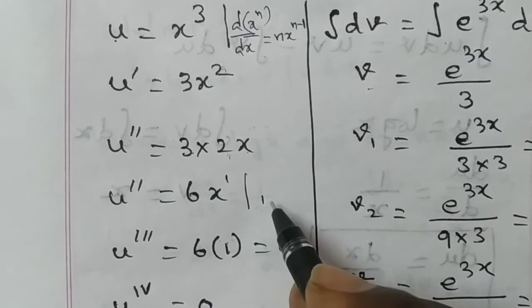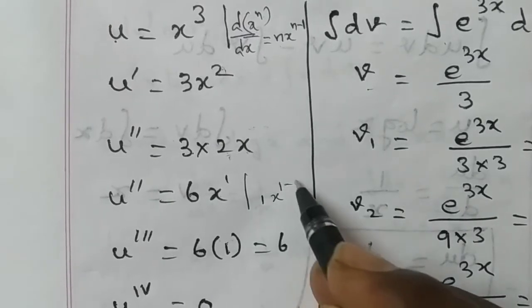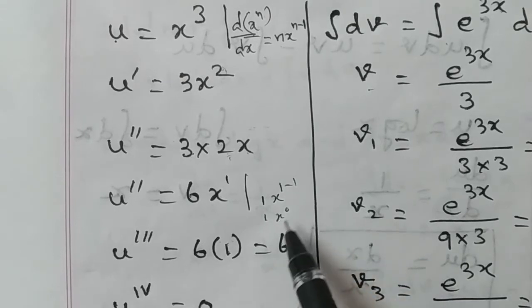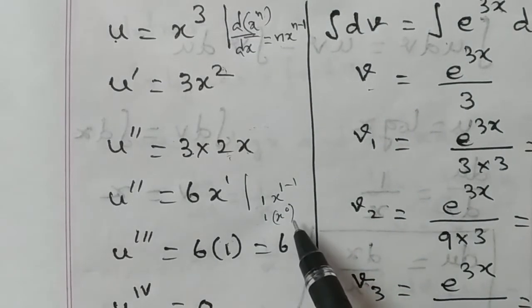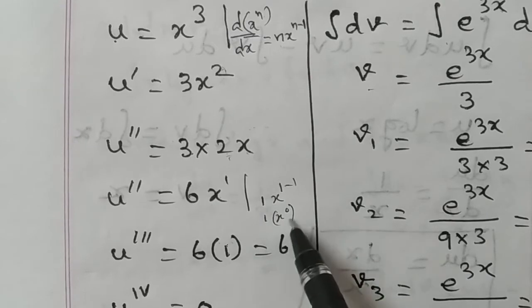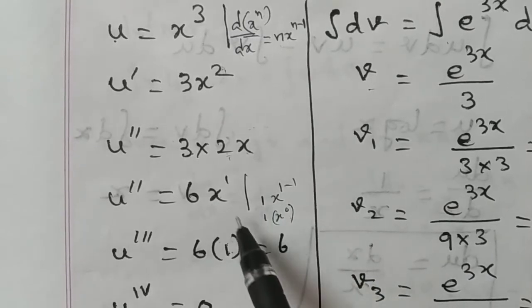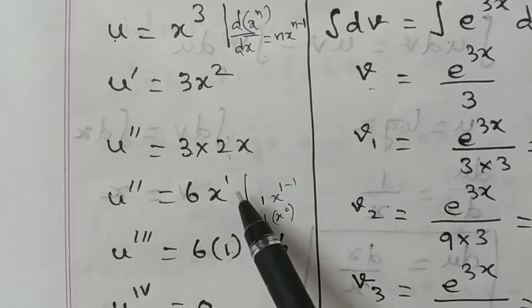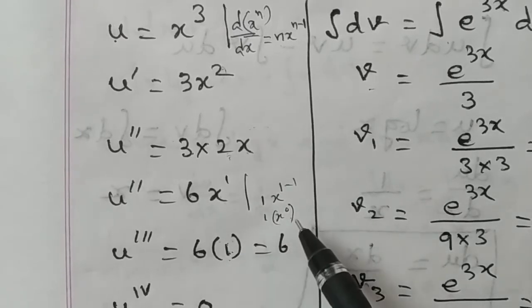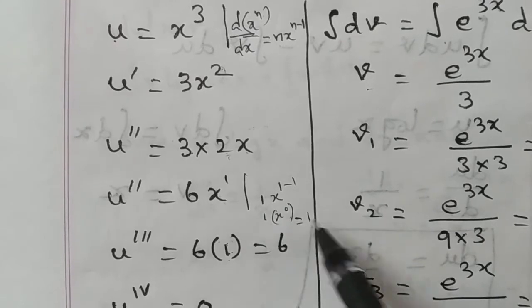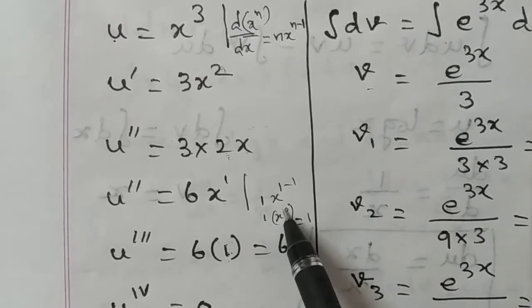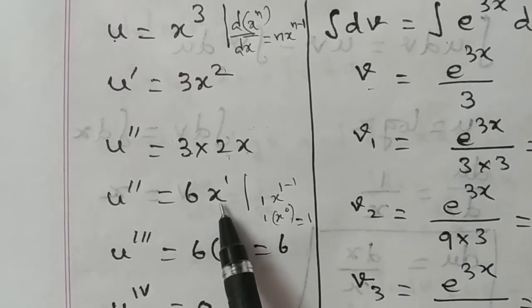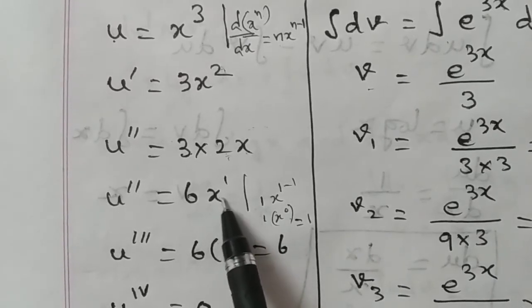So 1 into 1 gives 1. So the derivative of x is 1.